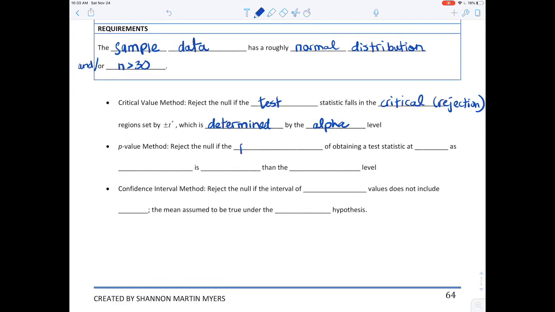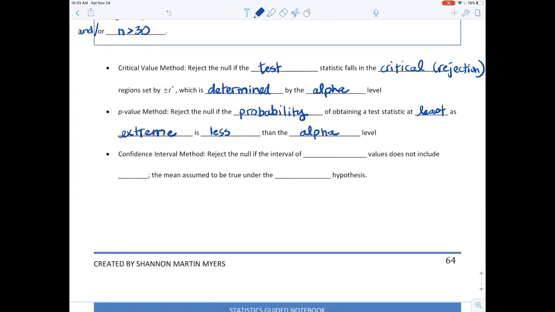Reject the null if the probability of obtaining a test statistic at least as extreme is less than the alpha level. And then confidence interval method. Reject the null if the interval of likely values does not include mu x bar, which is the mean assumed to be true under the null hypothesis.